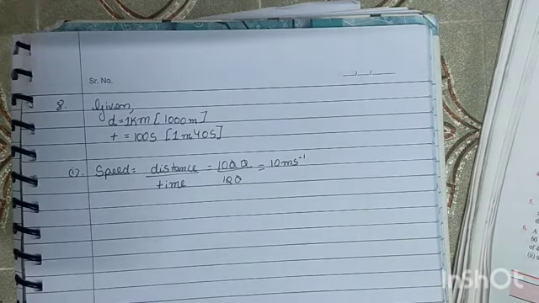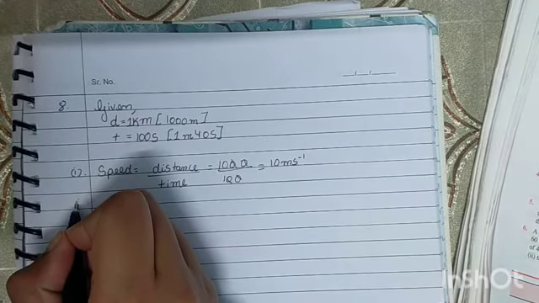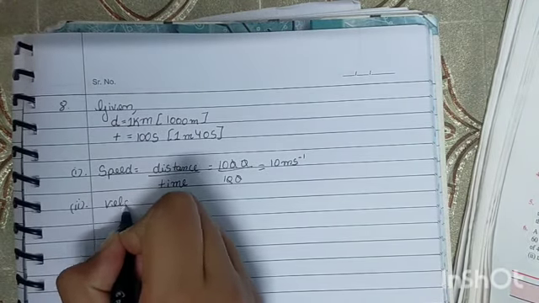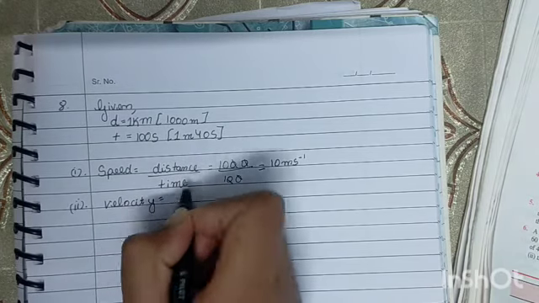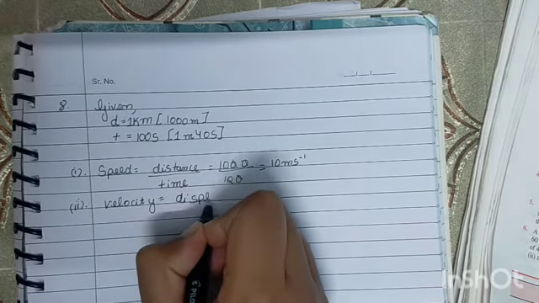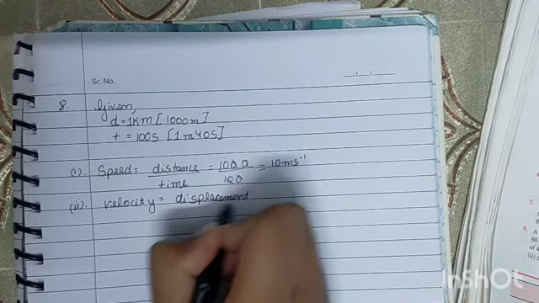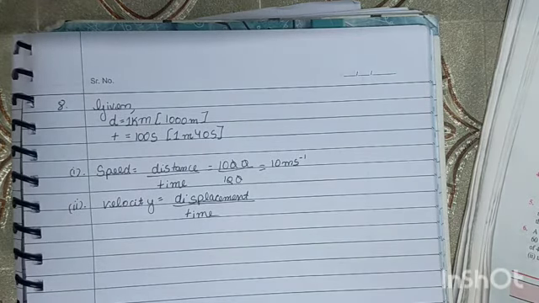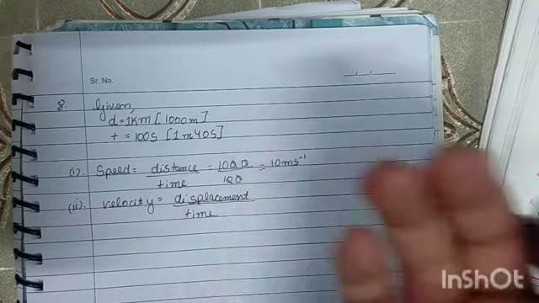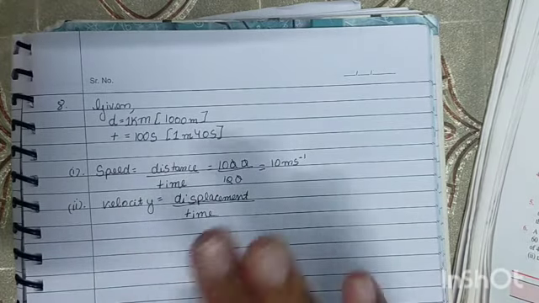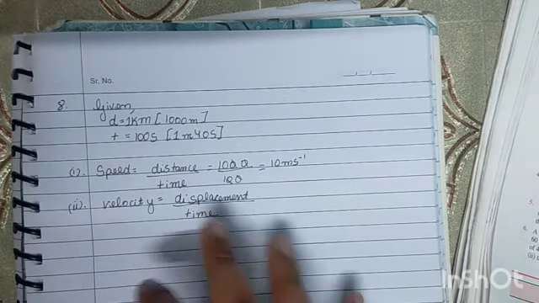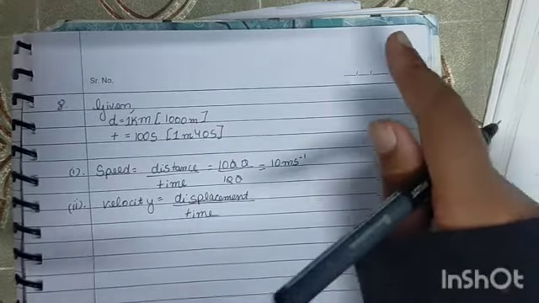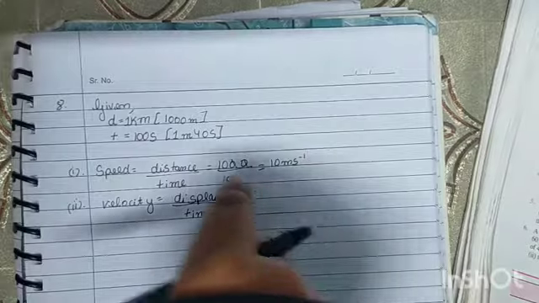Now coming to the second part, the velocity. Velocity will also be the same. For velocity you can use displacement upon time. One more thing I wanted to tell you, one day we will do it in theory: distance is always more than or equal to displacement, it cannot be less than displacement, and displacement can be equal to or less than distance, because displacement is the shortest path from the initial to the final point of the body.